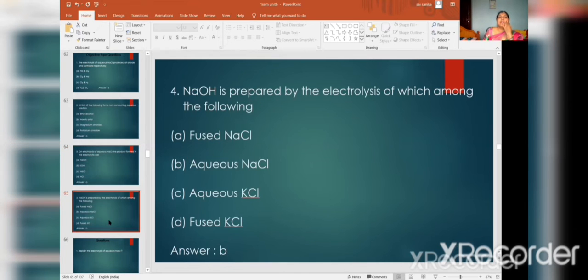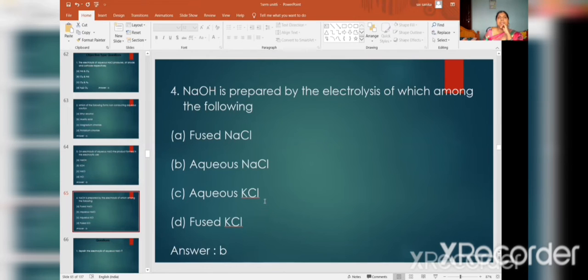So the answer is B, aqueous NaCl. That means if you do the electrolysis of aqueous NaCl, you get the product NaOH in the solution. So the answer is B.